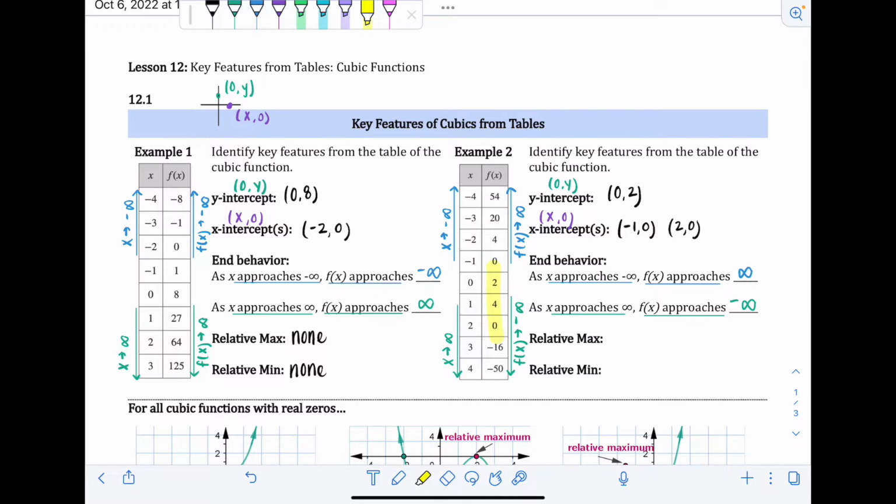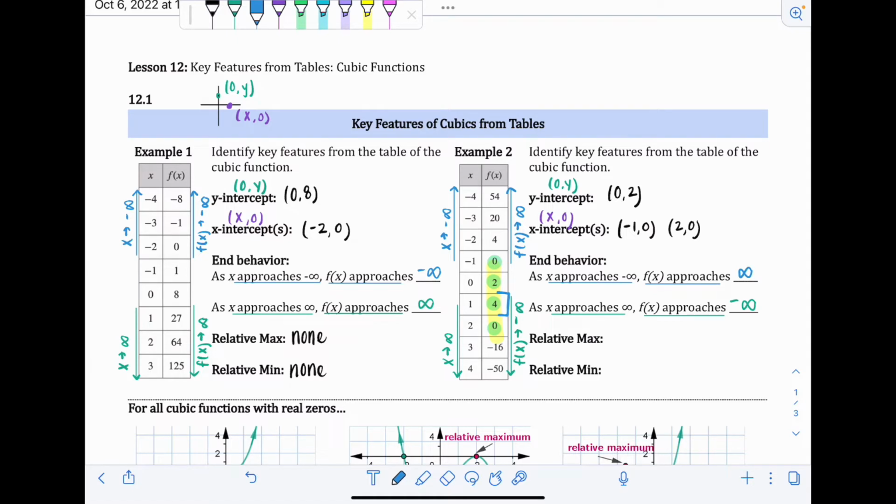I'm going to read through it one more time. So 0, 2, 4, down to 0. This is a high point right here. That's where it's starting to change direction.